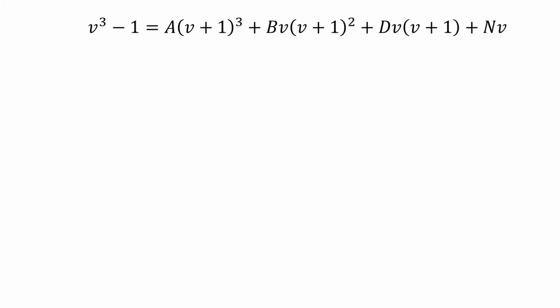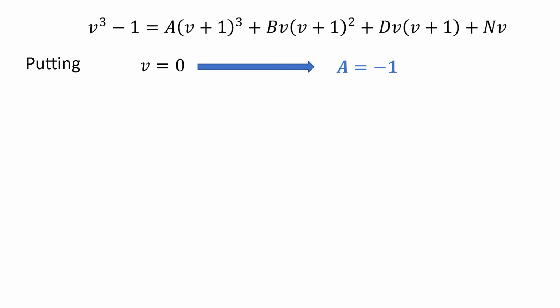After clearing out fractions and having this identity, the next step is we try to put the values of the roots of the factors of the equation. Let's say v is equal to 0. If v is equal to 0 and we substitute that into the identity, we could solve the value of A, which is negative 1.